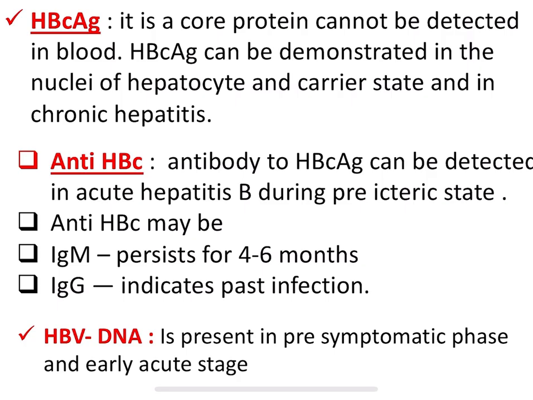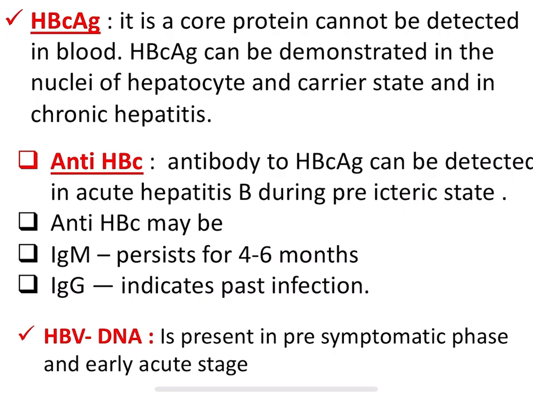And now anti-HBc, antibody to the HBcAg, can be detected in acute hepatitis B during the pre-icteric stage. In the acute stages, during the pre-icteric stage, we can find the antibody to HBc, and the antigens are found in the carrier state in chronic hepatitis. Now these antibodies can be in the form of IgM or IgG.